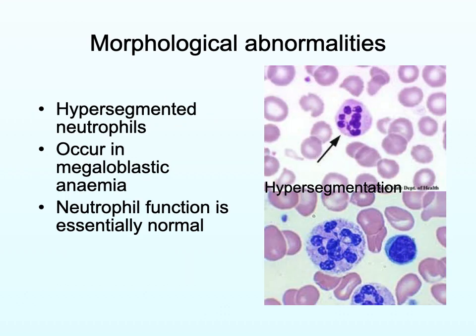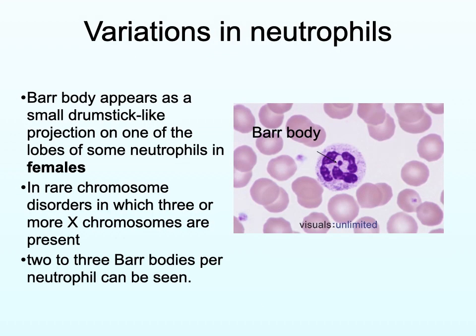Other morphological abnormalities include hypersegmented neutrophils, which occur in megaloblastic anemia. In hypersegmented neutrophils, the neutrophil function is essentially normal. Another variation in neutrophils that can be seen is the bar body.